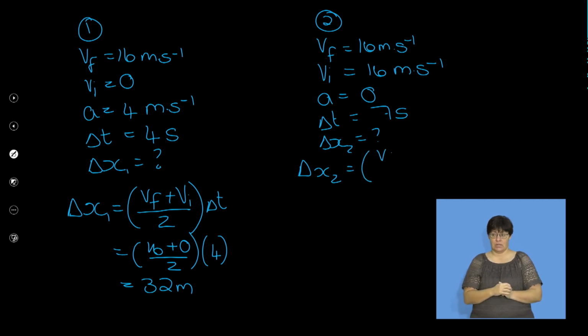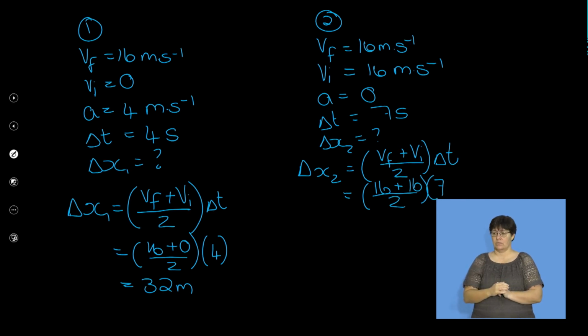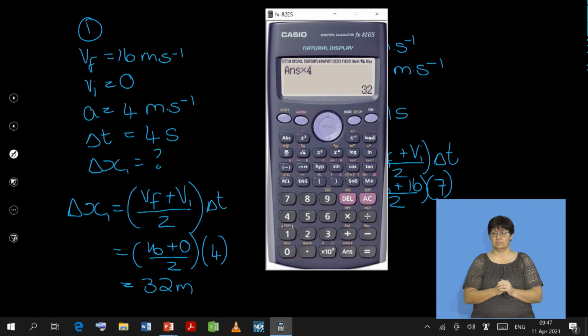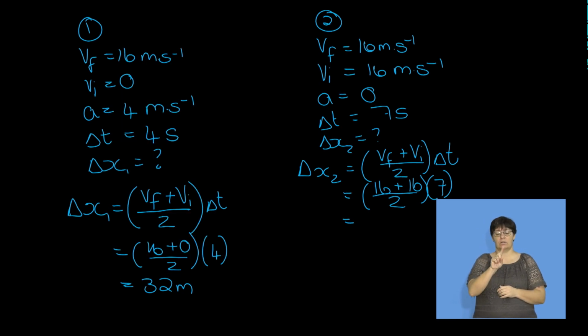So Vf plus Vi divided by 2 times delta t. So 16 plus 16 divided by 2 times 7. Oops. There we go. 16 plus 16 divided by 2 is 16, times 7, and it's 112.